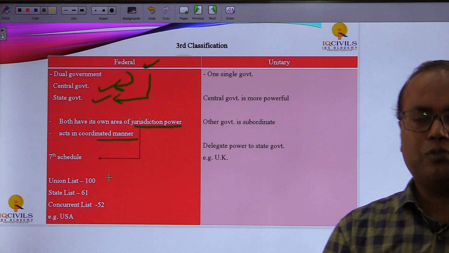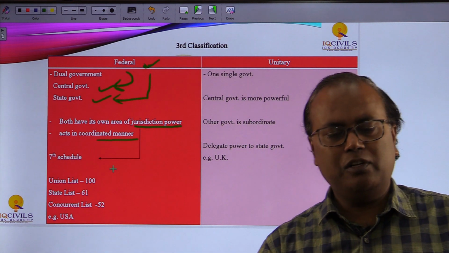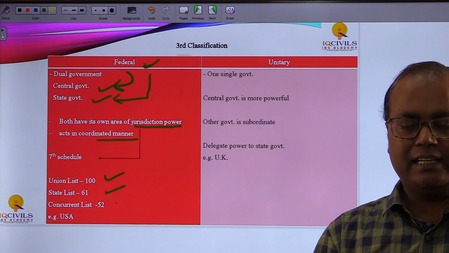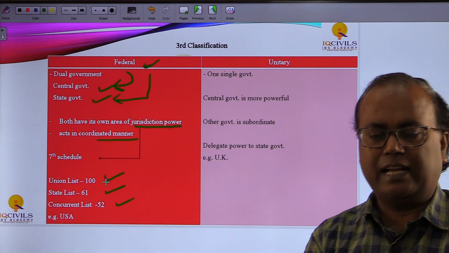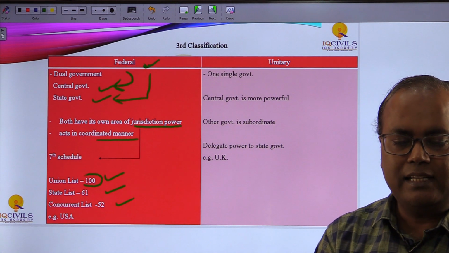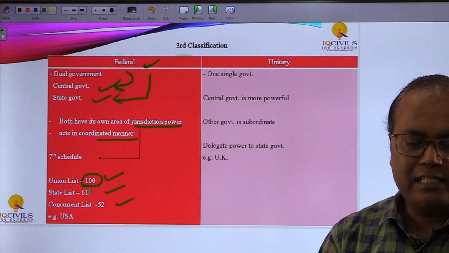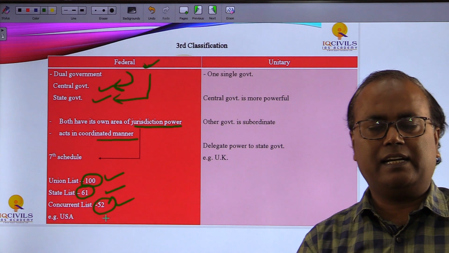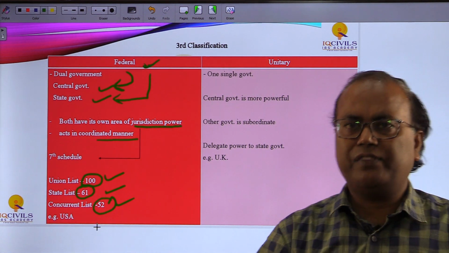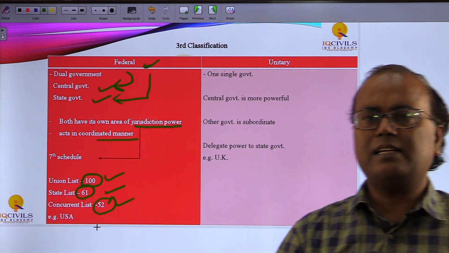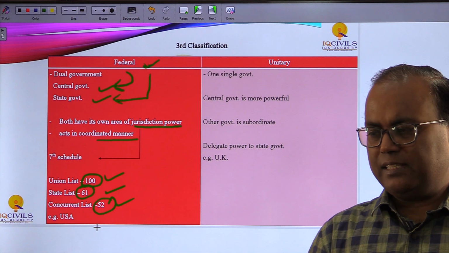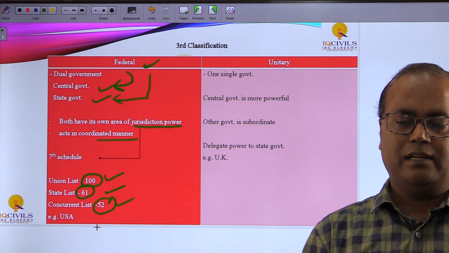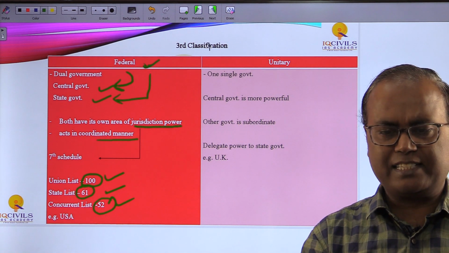As I told you earlier, in the 7th Schedule we have 3 lists: the union list, the state list and the concurrent list. Now you have to understand that 100 subjects are in the union list, 61 subjects in the state list and 52 subjects in the concurrent list. As far as the federal constitution is concerned, the USA is the hallmark, a perfect example.